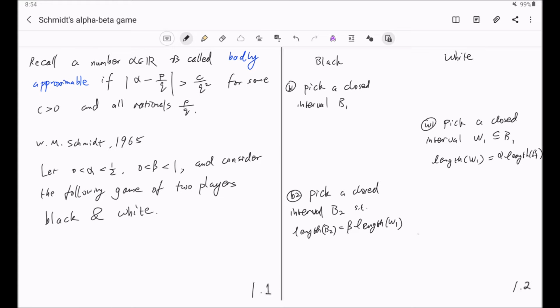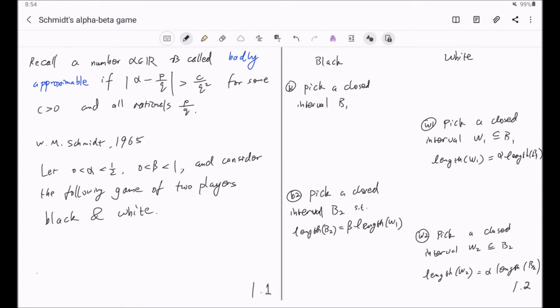And you can guess, in the fourth step, white will pick a closed interval W2 contained in B2 such that the length of W2 is equal to alpha times the length of B2.